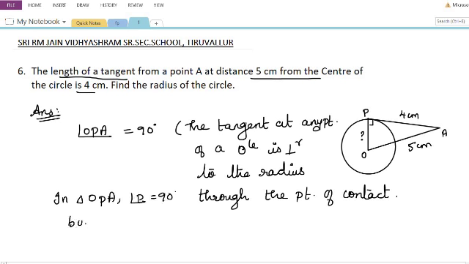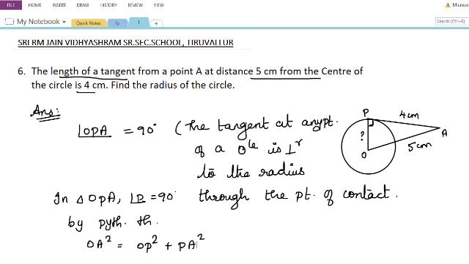So we are going to use the Pythagoras theorem. By the Pythagoras theorem, the side which is opposite to the 90 degree angle is the hypotenuse. So OA square will be equal to OP square plus PA square. What is the value of OA?